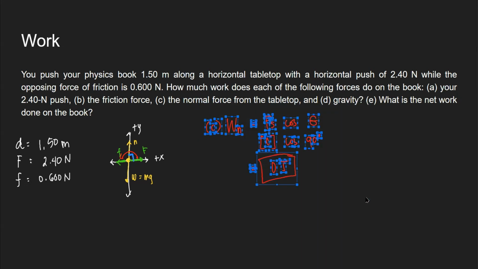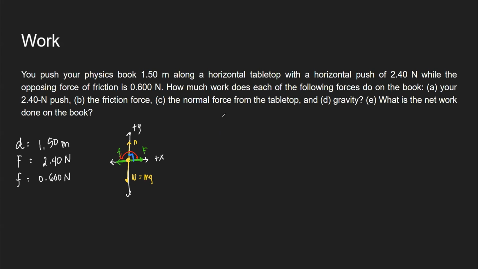Next is letter D. Letter D is gravity. It says here, what's the work done on the book by gravity? Let's define it again. Knowing that your work is equal to Fs cosine theta, the work done on the book by gravity, this is just a subscript, don't be confused there, is equal to Fs cosine.